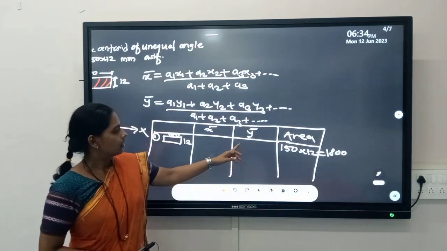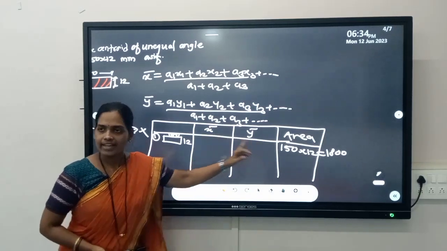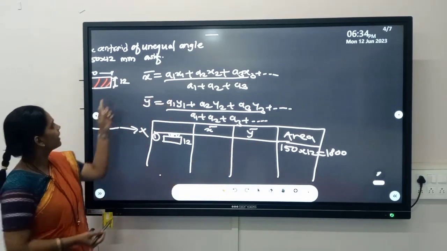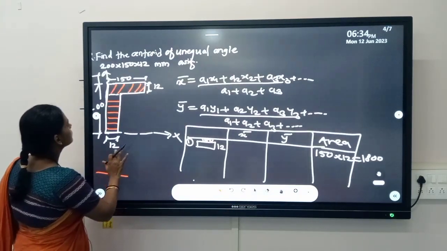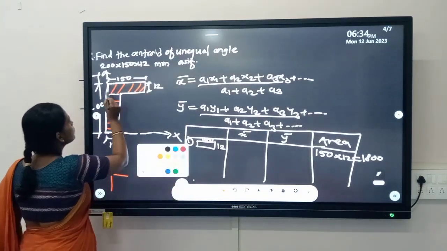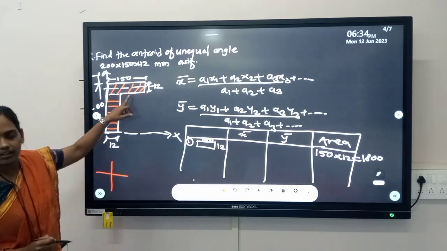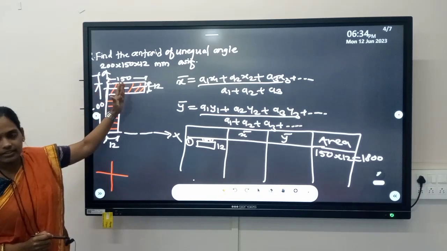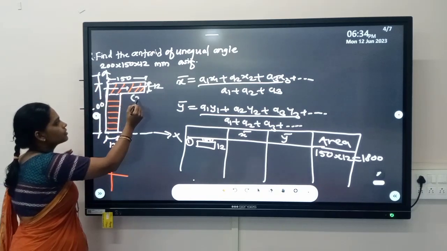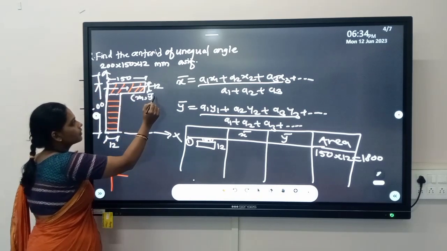Okay. Then we want to calculate x bar and y bar. As we learned previously, the centroid of a rectangle is located at its center. But we are concerned with distances from the x axis and y axis. So it is located here, suppose x1 comma y1.